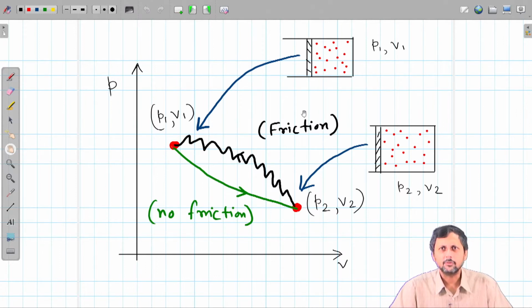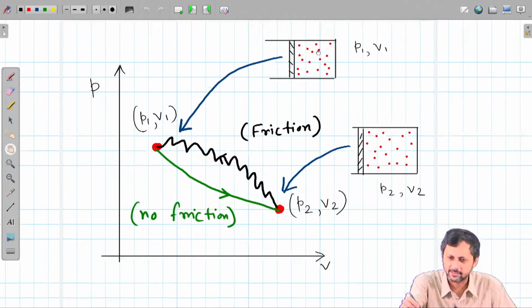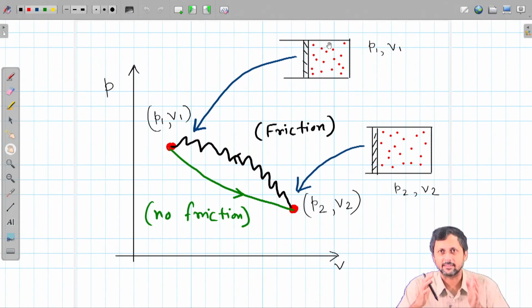Similarly, when we are compressing the gas, there must be some kind of viscous force acting between the gas molecules, and we have discussed this already. So these are all dissipative forces.